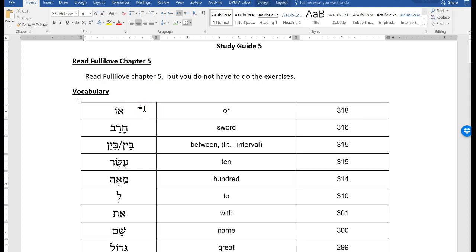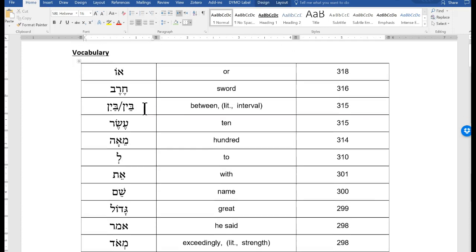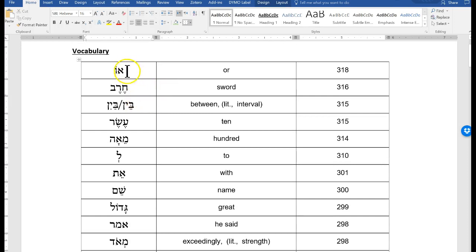Our vocabulary this week are these words, so it's another 25. O is or. Cherev, notice chet. Cherev is sword. Bain is between, literally it's a noun that means interval, and this is the construct state of it, but bain is what we run into most, but it's related to this word bain, put between for either one.